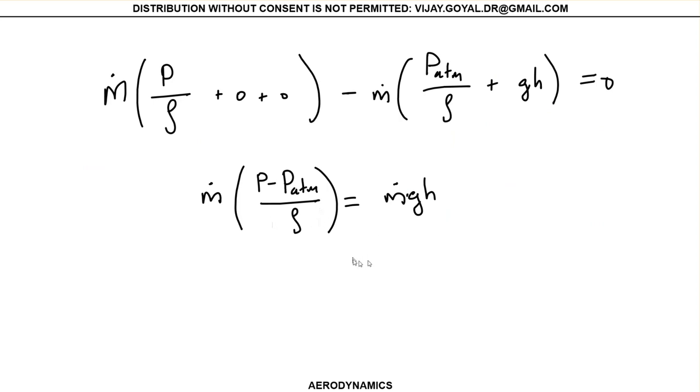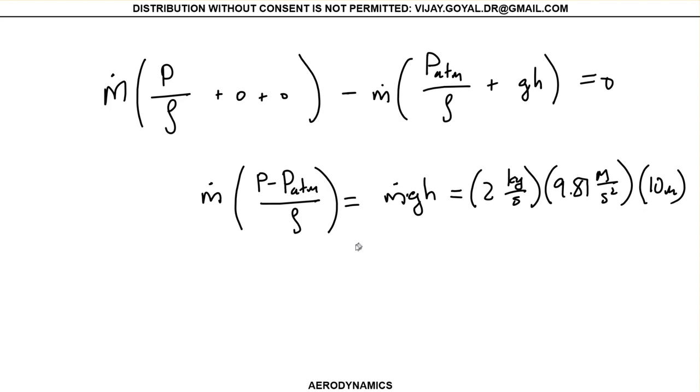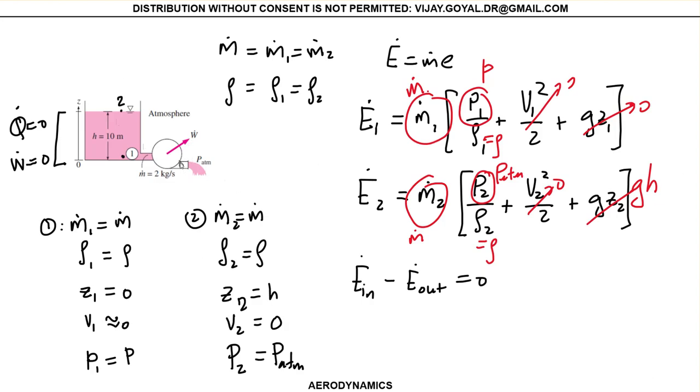So I am basically saying that this is all going to be 2 kilograms per second, g is 9.81 meters per second squared, and h is 10 meters. So if you do this calculation, it gives you 196 watts. This is the power, actually. This is the maximum power, rate power, that your engine, your pump, is going to need to shoot this out on this side.